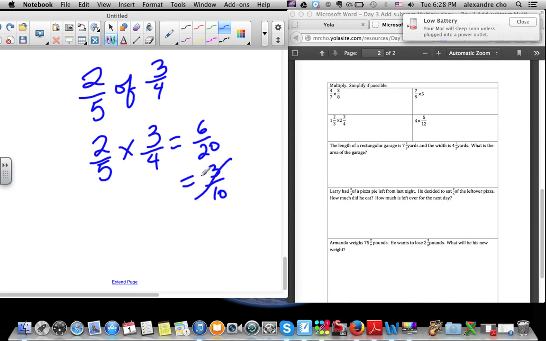So let's take a step back. 2/5 of 3/4 is 6/20. Okay, so let's write 3/4 as an equivalent fraction using 20: 4 times 5 is 20, and 3 times 5 is 15.